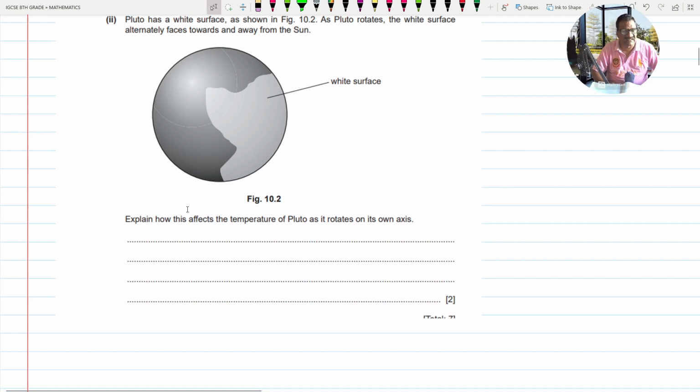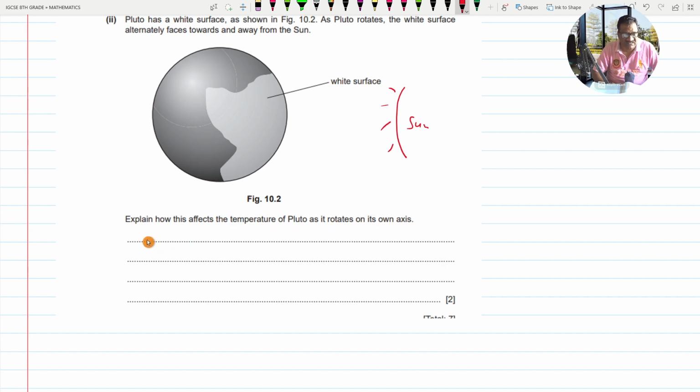So you can see that this white surface, many a times, suppose the sun is over here, right? So suppose this is the sun, right? So the white surface will be facing the sun, and when it rotates and the white surface goes on the other side, the white surface will be away from the sun. So at times it will be facing towards the sun, at times it will be facing away from the sun. So explain how this affects the temperature of Pluto as it rotates on its axis.